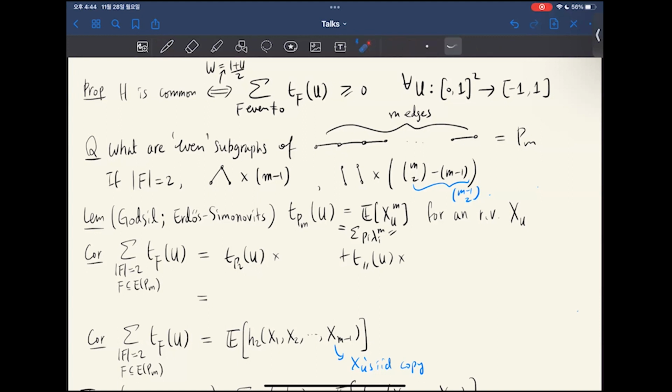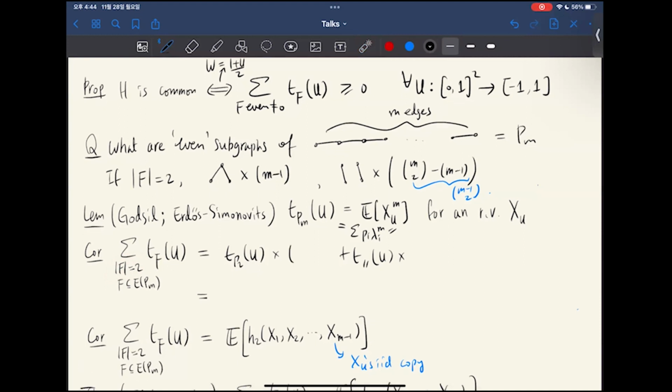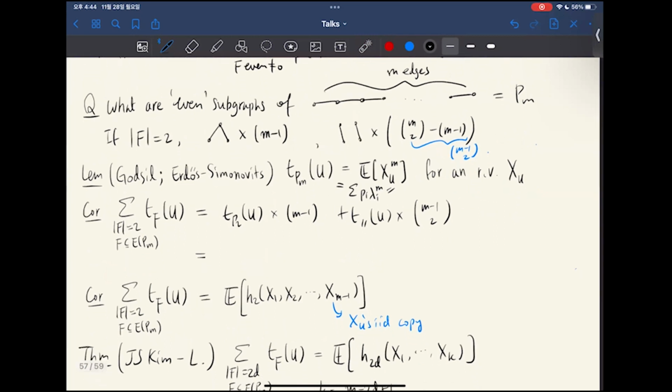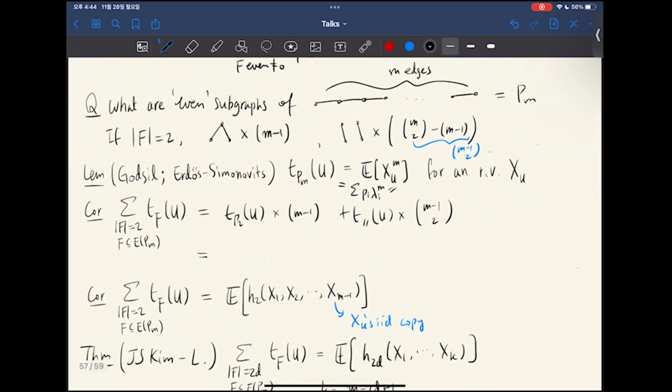Okay, so what happens here is a simple corollary. If I look at the 2-edge case only, then what happens is this times n-1 plus that times n-1 choose 2. And this exactly corresponds to this case. So what's this?